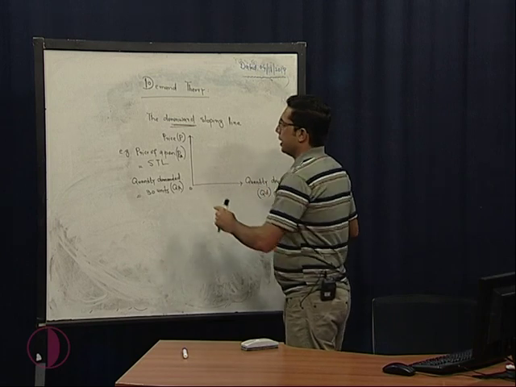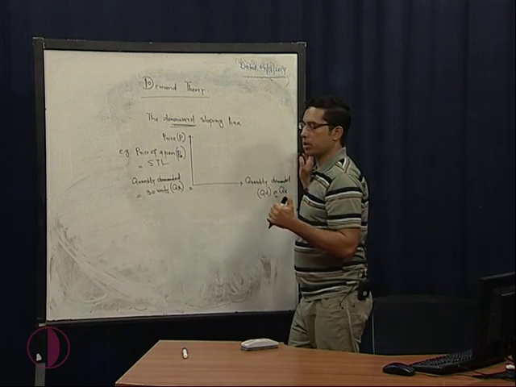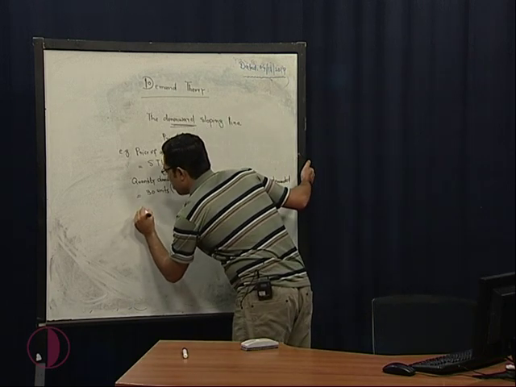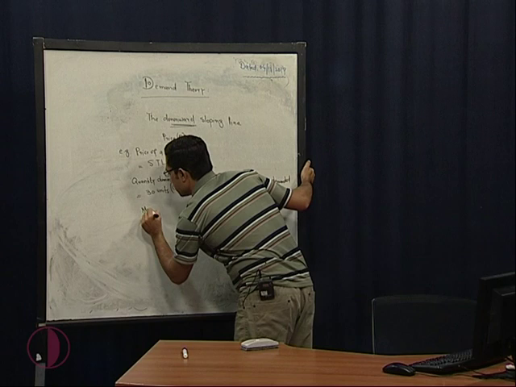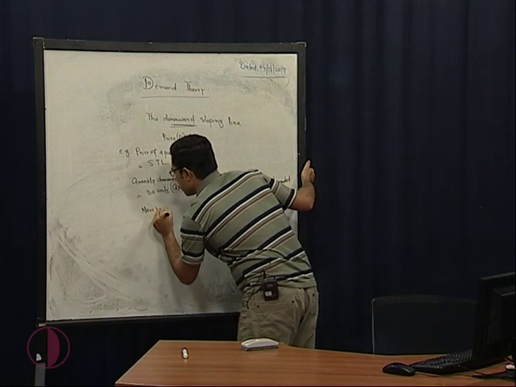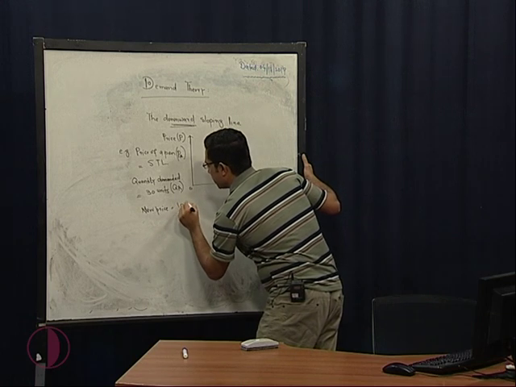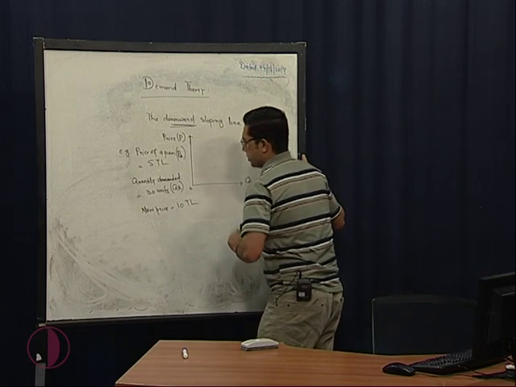Now suppose the price of that particular commodity changes, for example, the new price is 10 Turkish lira.